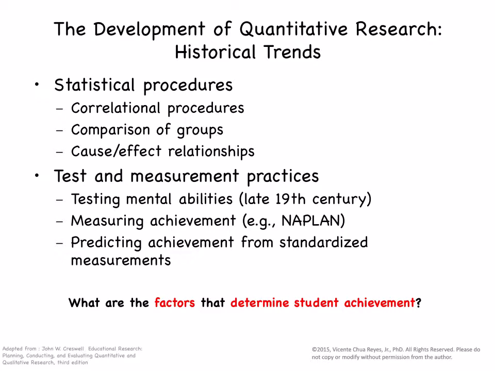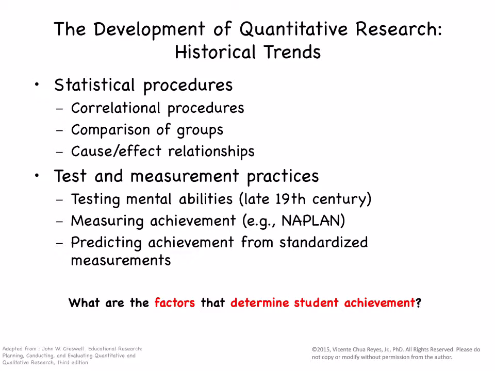When we take a look at statistical procedures, we can identify three movements that have emerged. One would be correlational procedures. The other one would be the comparison of groups. And the third one would be cause and effect relationships. These three processes are very much linked to the strengthening of techniques related to statistical procedures.